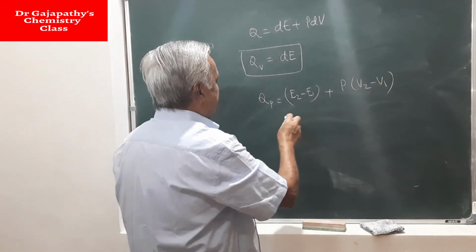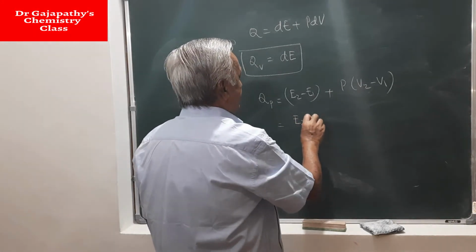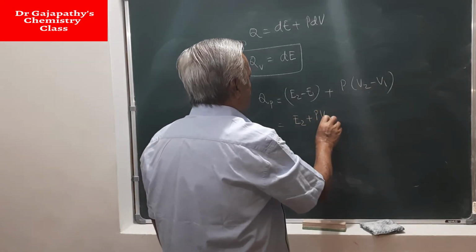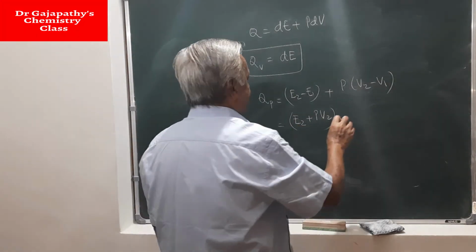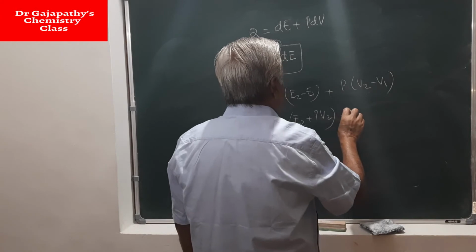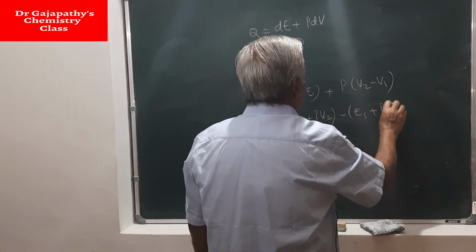I can rearrange this equation in this way: E2 plus PV2 minus E1 plus PV1.